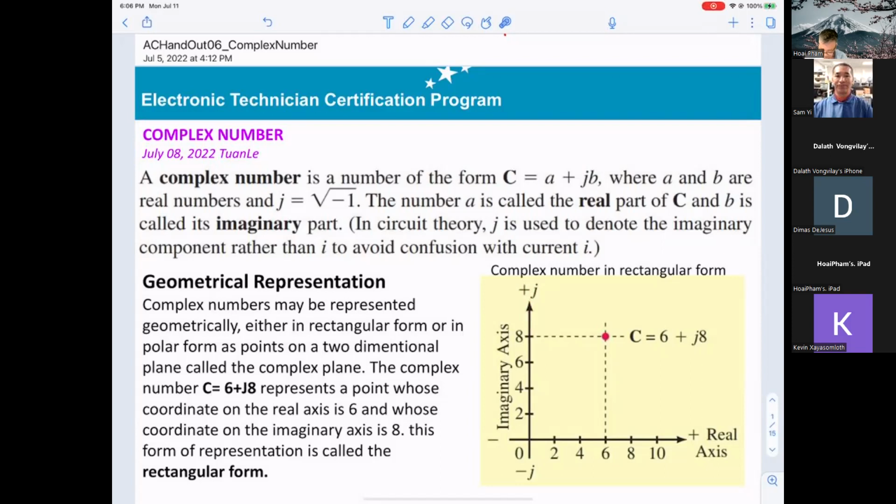Remember, this is the real axis and this will be the imaginary axis, standing for J. So this is the value of 8, but 8J. That's why they plot 8J.